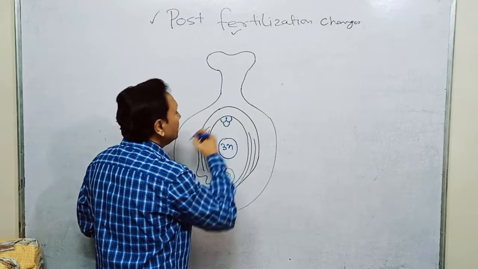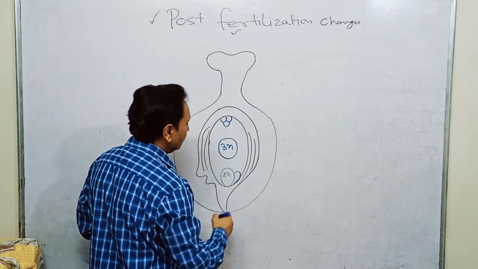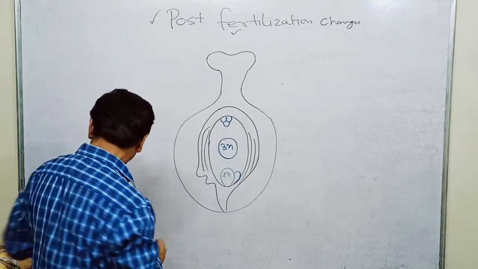Three antipodal cells remain and one synergid will be there.